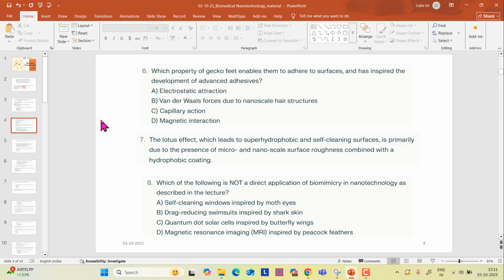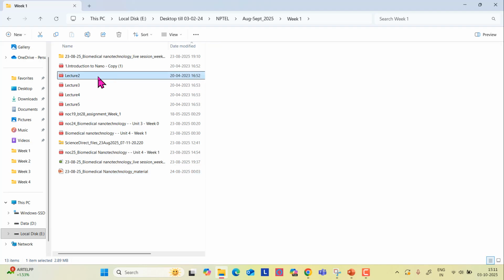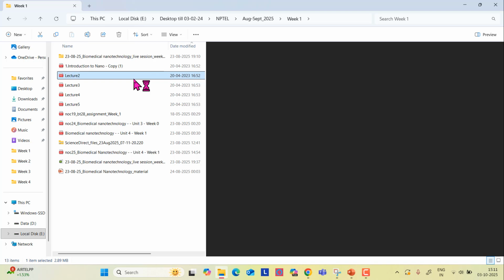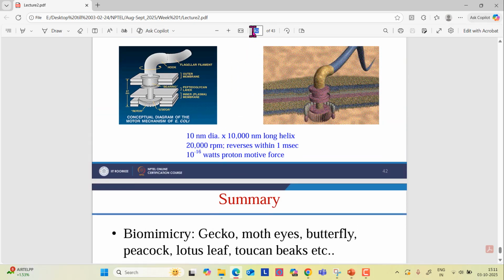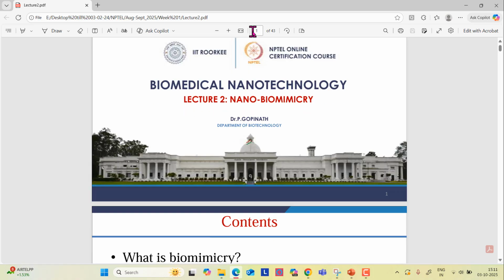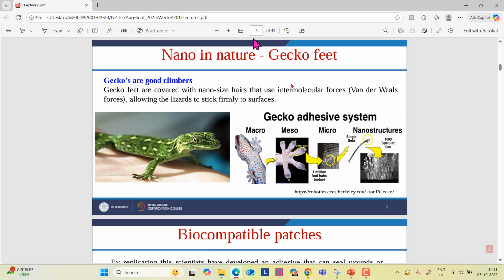Yes, it is also van der Waals action, because if you have seen the PDF of the gecko pad, gecko feet are covered with nano-sized hair.